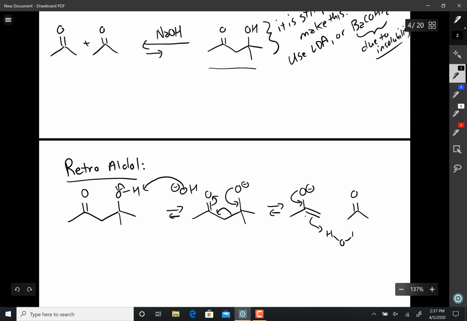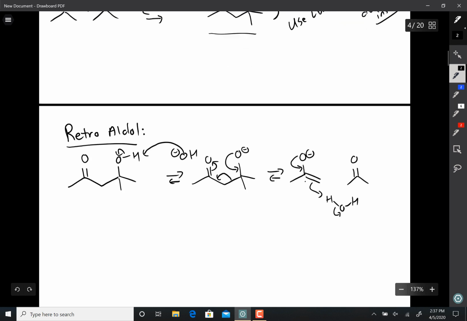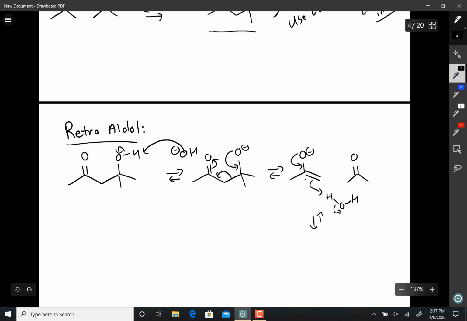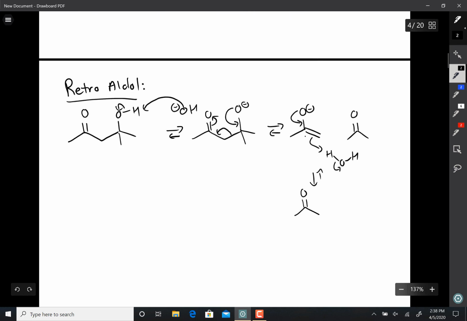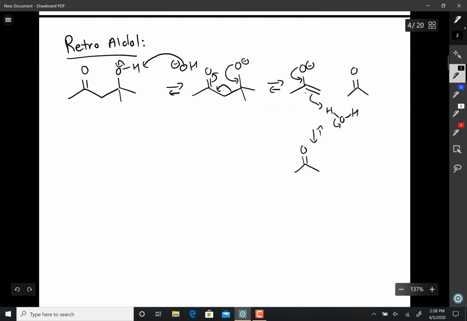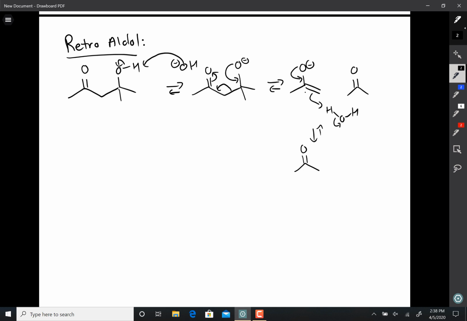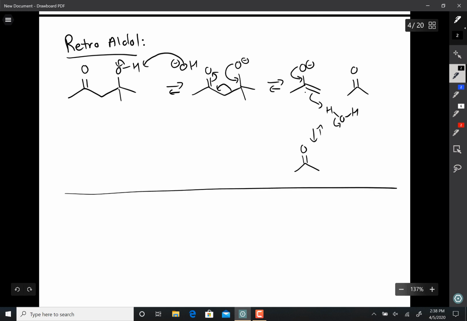Followed by protonation. Okay. And that's just the reverse of the aldol reaction.